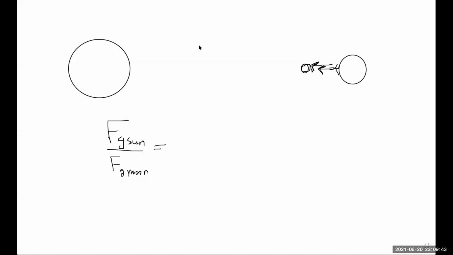So then you're just going to have the mass of the sun times the distance squared of Jupiter to the moon of Jupiter, and that's Ganymede we're using as an example, divided by the mass of the moon times the distance of Jupiter to the sun squared.